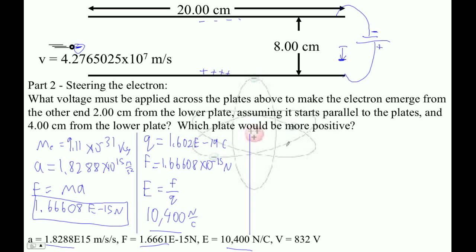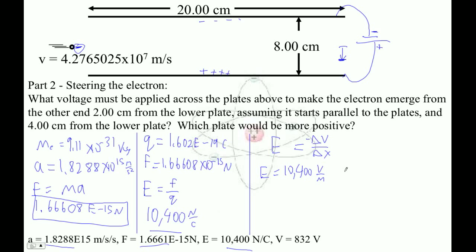Okay, so the relationship here is that the electric field is negative change in voltage over change in X, right? And I totally ignore that minus sign there because I've already figured out which plate's positive and negative. I know that the electric field is 10,400 volts per meter as well as newtons per coulomb, the same thing, right?